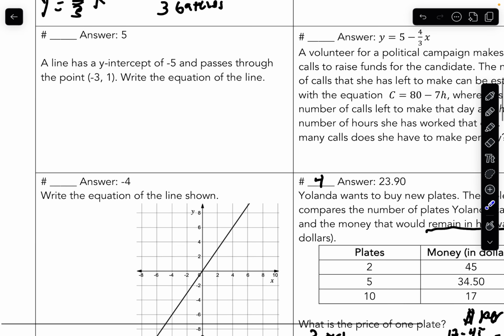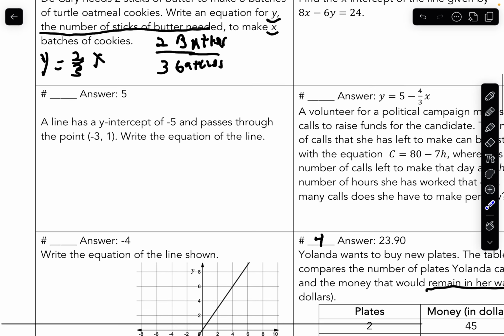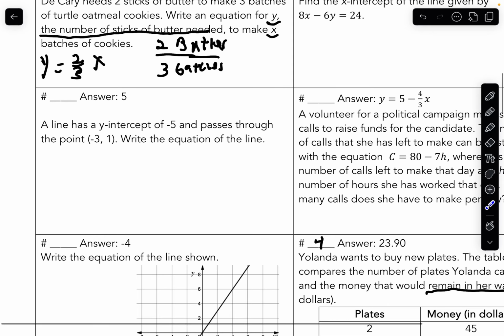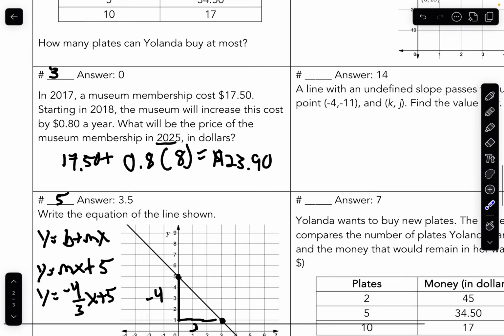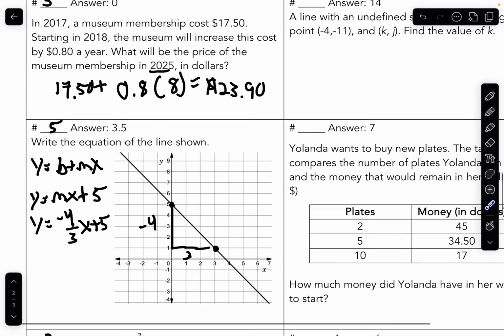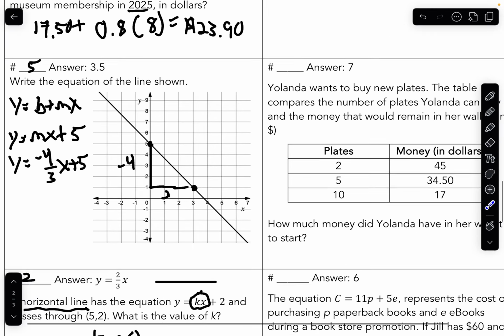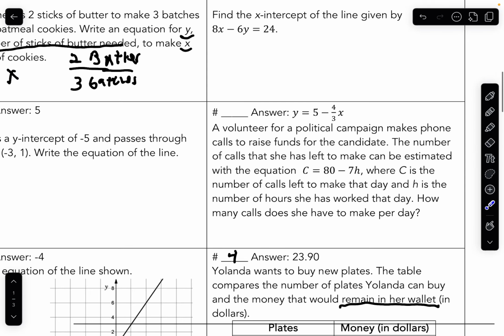So this is problem number, if I'm looking at this, what was it? One, we got, all right. I guess this must be problem number 6. All right, 6. So let's see.